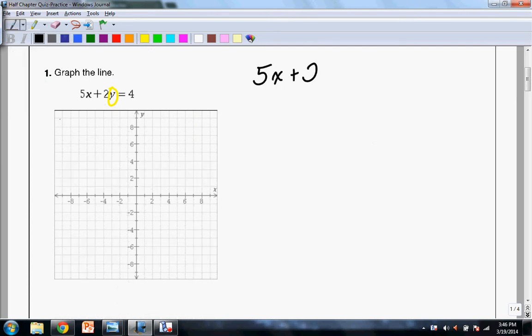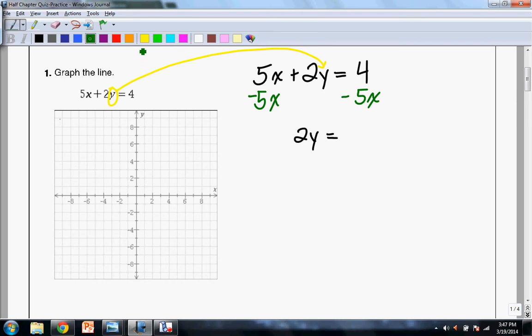So we have 5x plus 2y equals 4. Your goal is to get y by itself. So the first thing we want to do is get rid of the 5x, so we're going to minus 5x both sides.